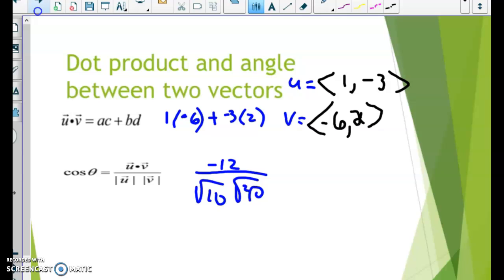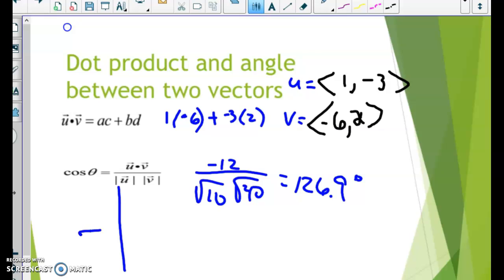And then I'm going to do the inverse cosine of that. So inverse cosine of negative 12 divided by the square root of 400 for ease of typing it in. And I get 126.9 degrees. Now, what this formula does is find the angle between the two vectors.